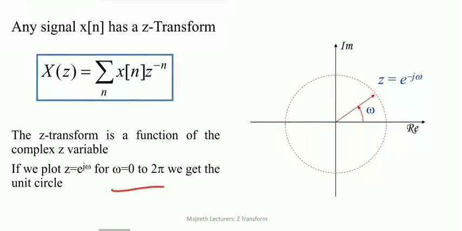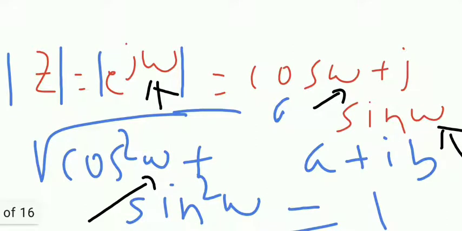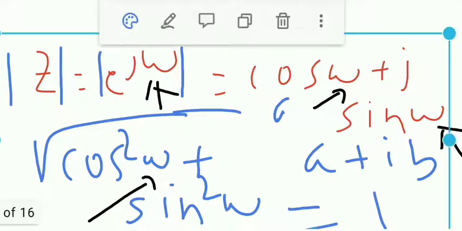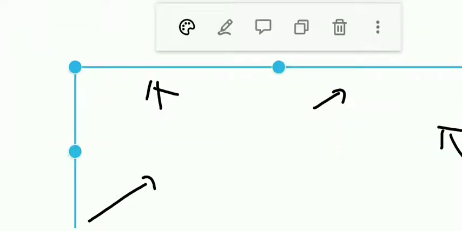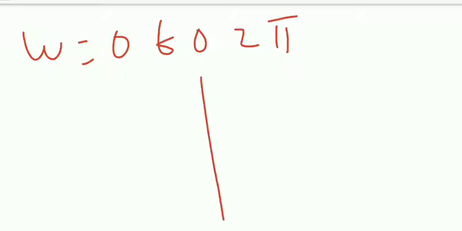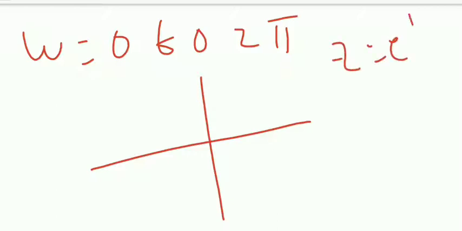What will happen when omega varies from 0 to 2 pi? Let me explain that. Now z is equal to e power j omega, and I represent it in the z plane.